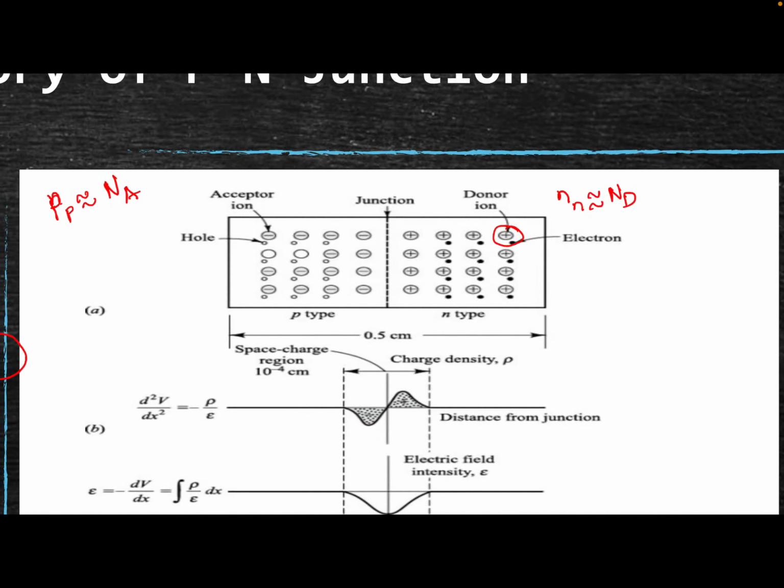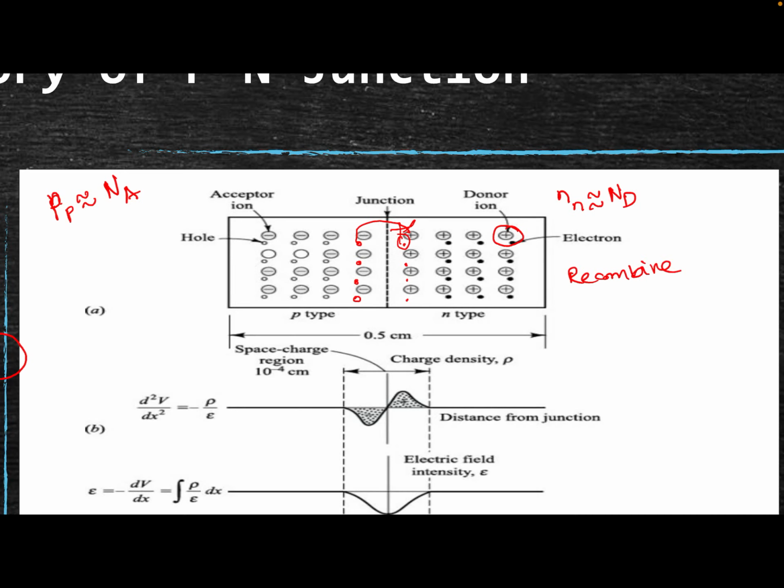Initially, let us say that we have holes over here and electrons over there. These holes, upon crossing the junction and reaching the n side, will recombine with the electrons.